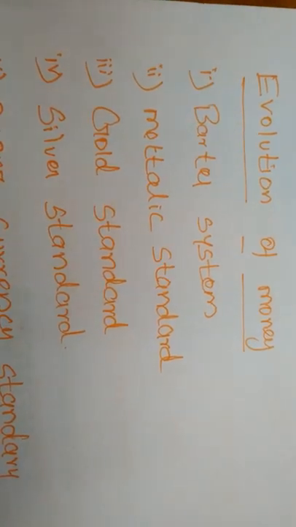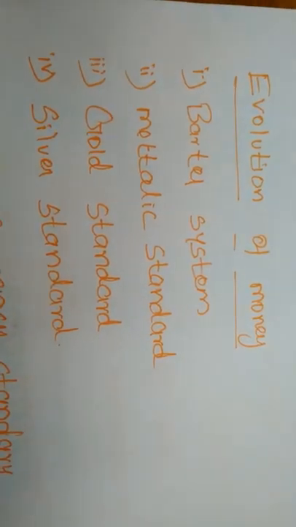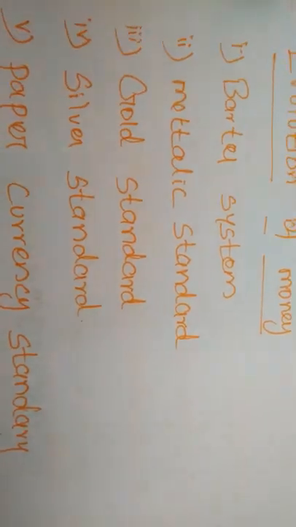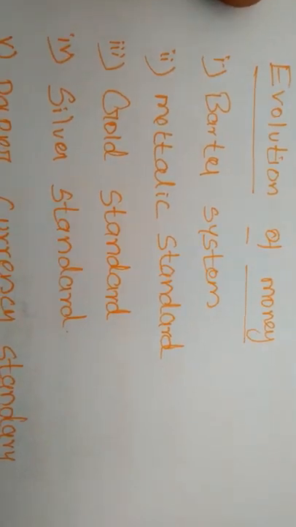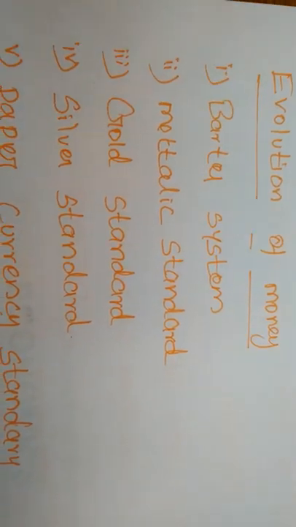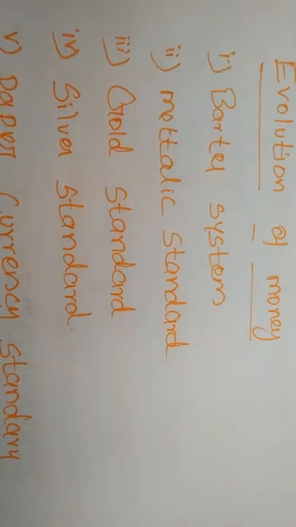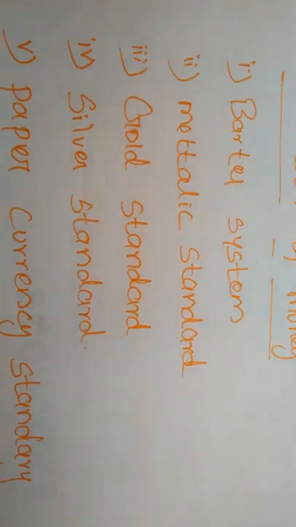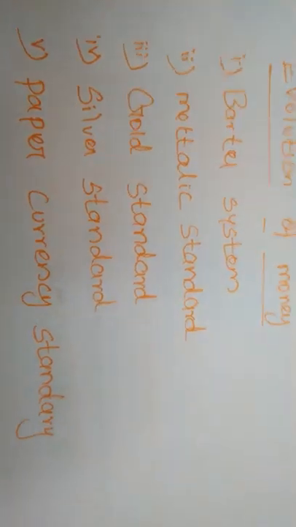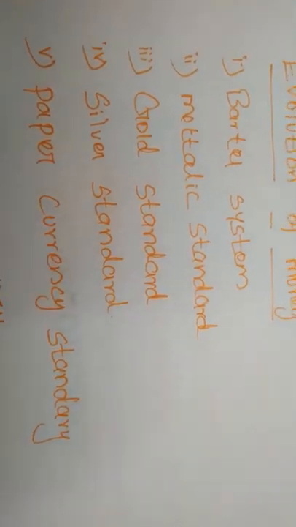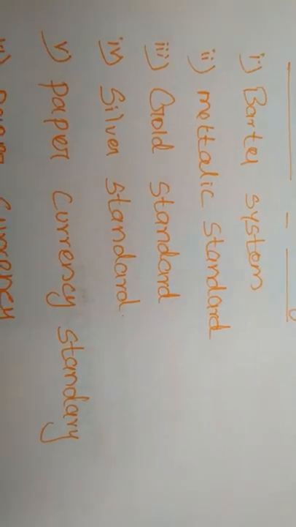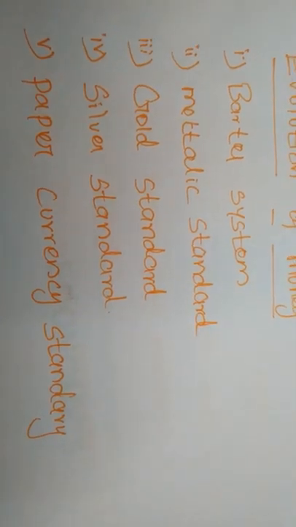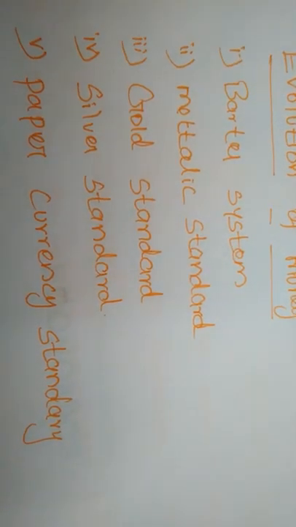Double coincidence of wants means both people want some of the commodities that the other has. If I want to exchange a commodity with you, you have to be ready to purchase the commodity I have. That is called the double coincidence of wants. If it is not successful, the barter system will fail.